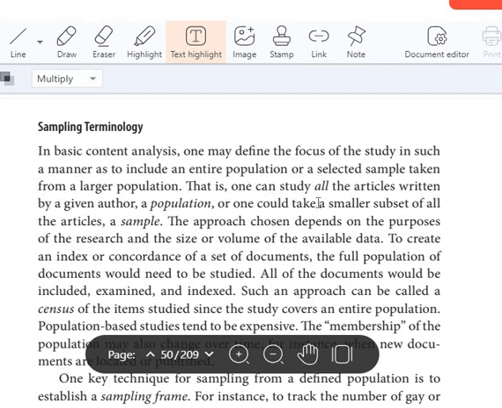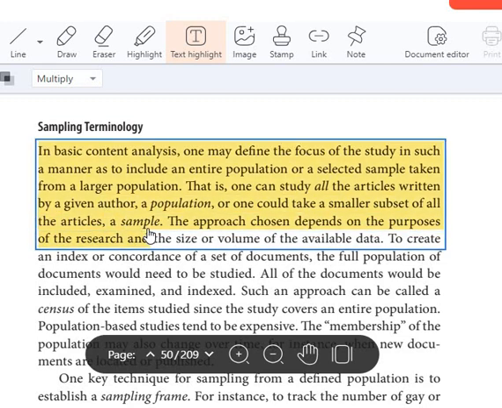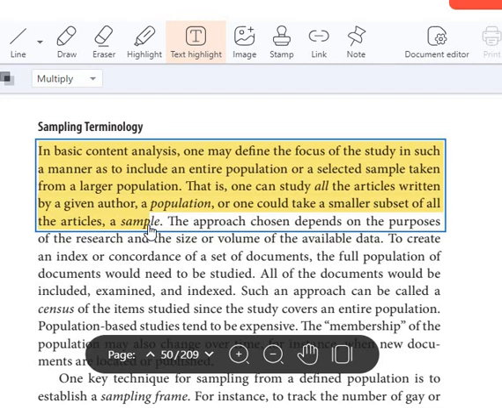That is, one can study all the articles written by a given author, a population, or one could take a smaller subset of all the articles as a sample. So you can take a sample, or you can take the whole texts, okay, or all the participants, which is of course very expensive and takes much time. That's why most researchers depend on samples, okay.